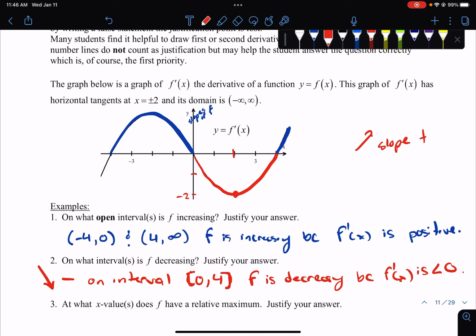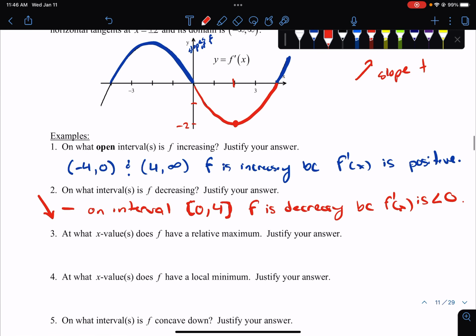Okay. All right. At what x value does f have a relative maximum? So again, I think a lot of times the picture helps me answer this question. If f has a relative maximum, that means my function's going up and then coming down, which means I have positive slopes right here and then negative slopes on this side.